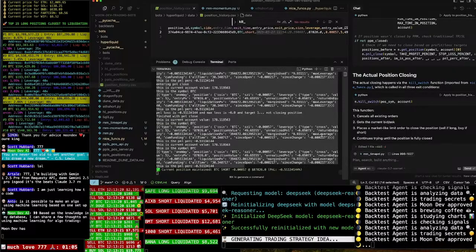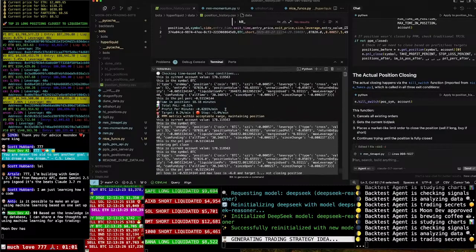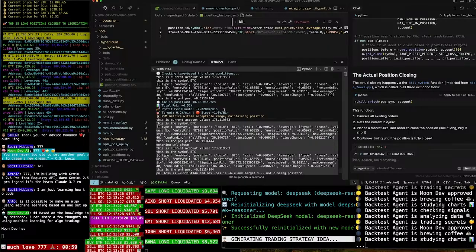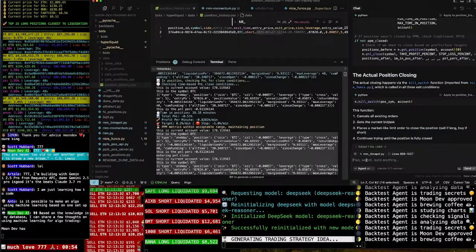Please remove these lines from the printout. I would like the last things to show my P&L and the profit per minute, target, etc. So I can just see that at the end of each run.